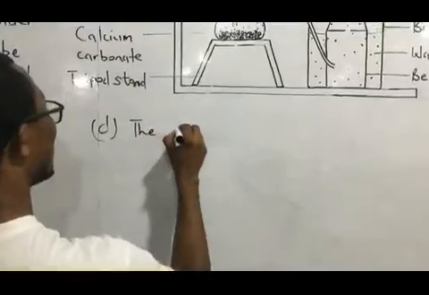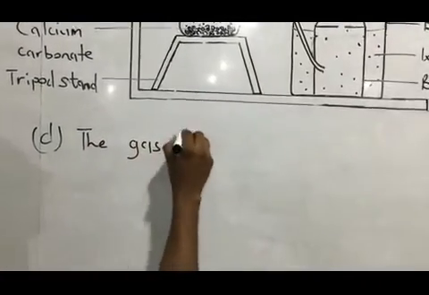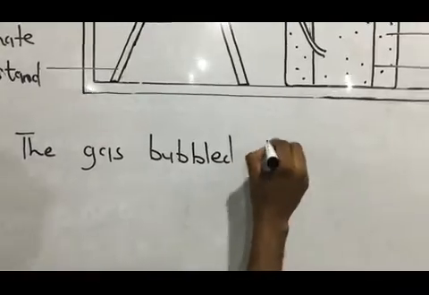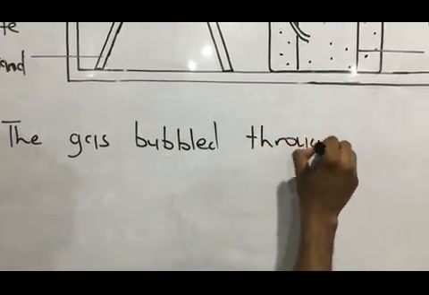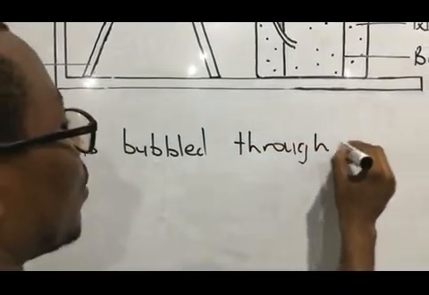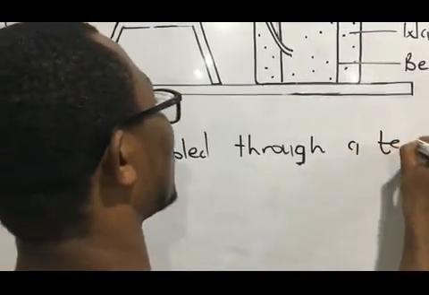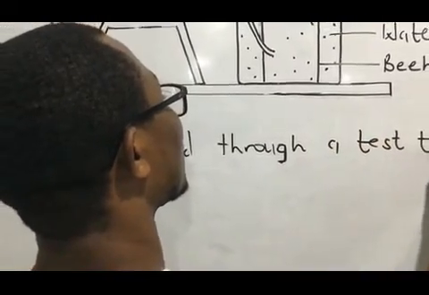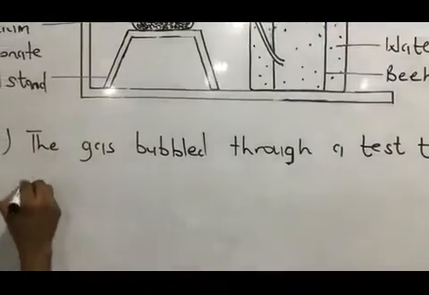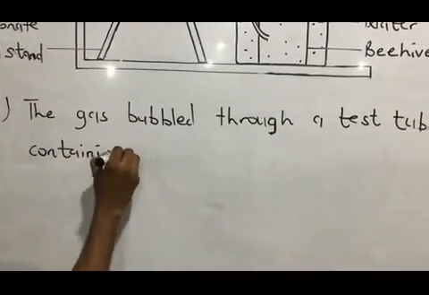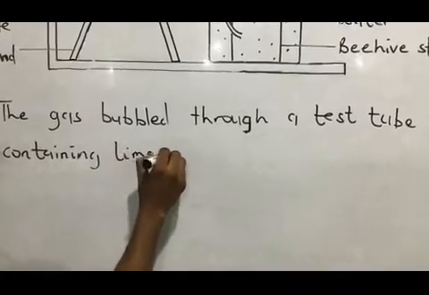So to test for carbon dioxide, the gas is bubbled. So the gas is bubbled through a test tube containing lime water.